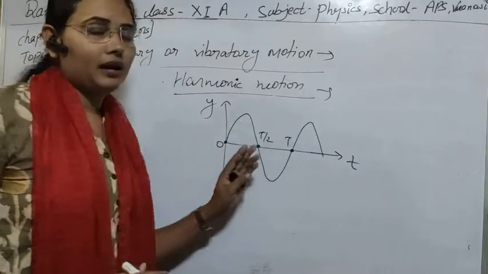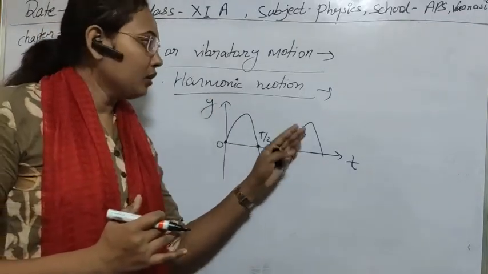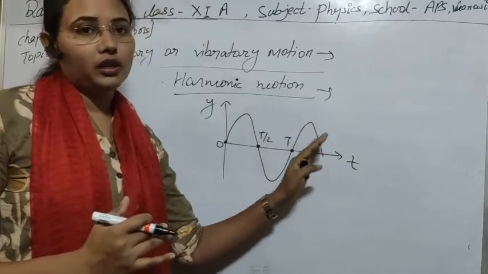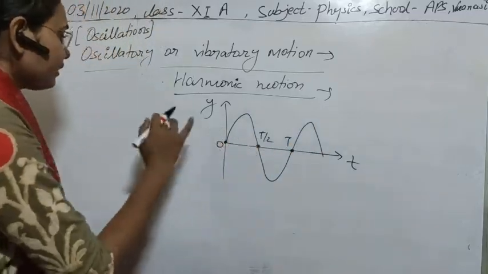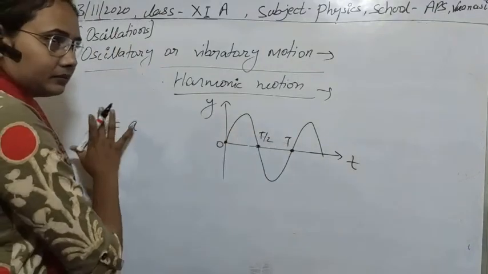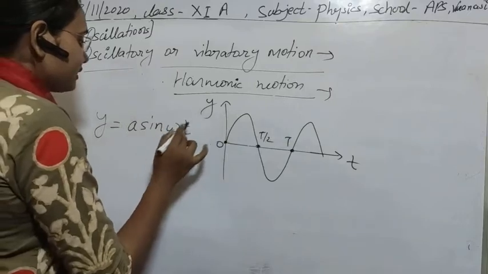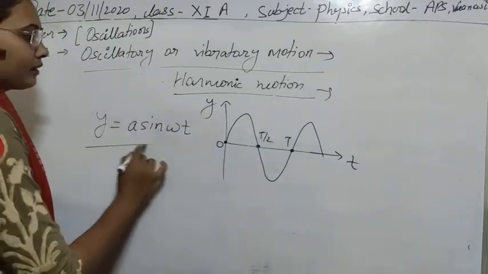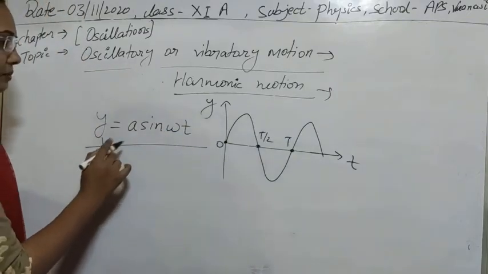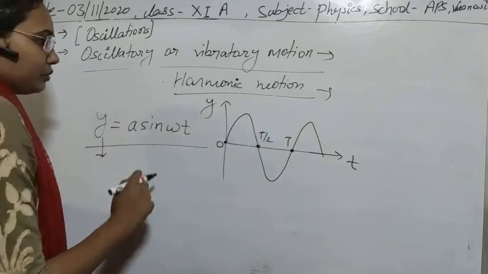In the next chapter I will discuss harmonic waves, but here I just want to talk about harmonic motion. Such motions can be described like y = a sin(omega t), where y is the displacement of the wave after some time t, and a is the amplitude of the motion.